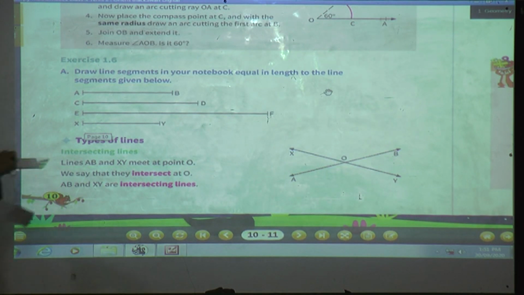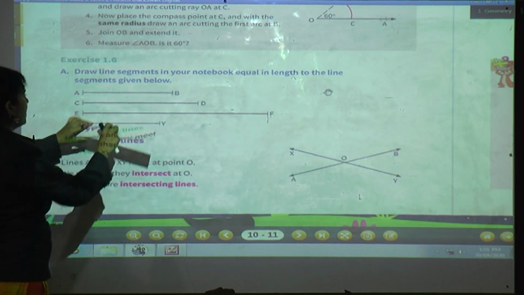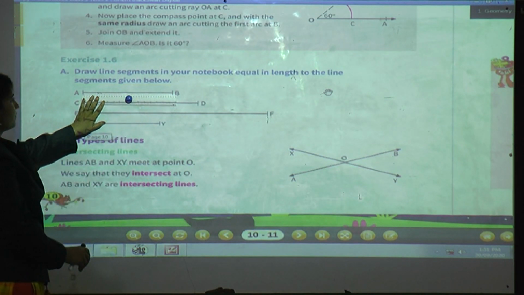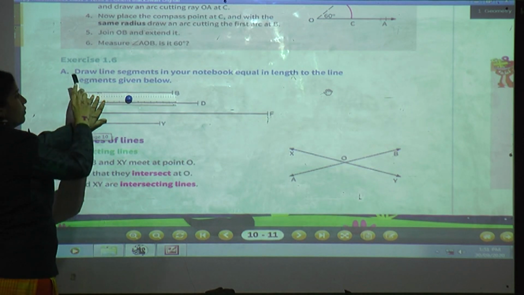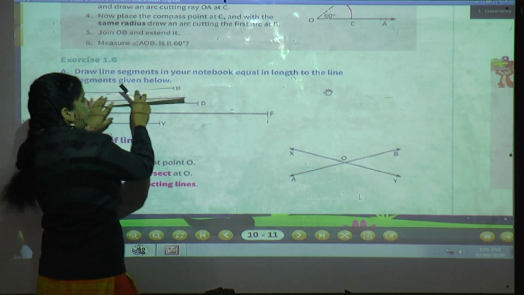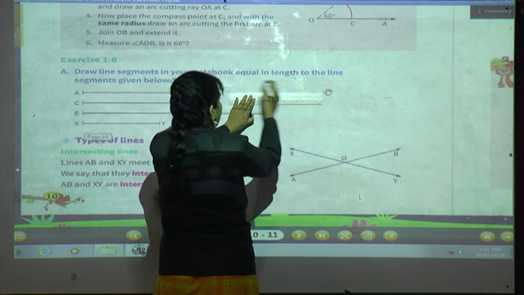See, like this. Here is this segment AB. Measure it with the help of a scale, and whatever the measure is, take that measurement and draw another segment.